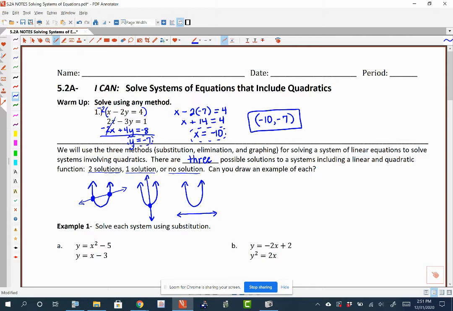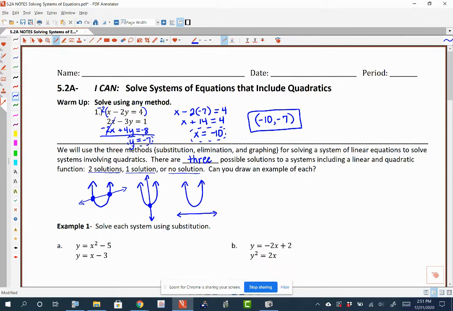So when we have linear functions, we also have an idea of being infinitely many solutions. So why is infinitely many solutions not an option with a quadratic and a linear? Remember, to be infinitely many solutions, the lines are exactly the same. So is there ever a time that a quadratic and a line could be right on top of each other? Well, that just doesn't even work. You can't have infinitely many solutions because the parabola is curved and a line is straight.